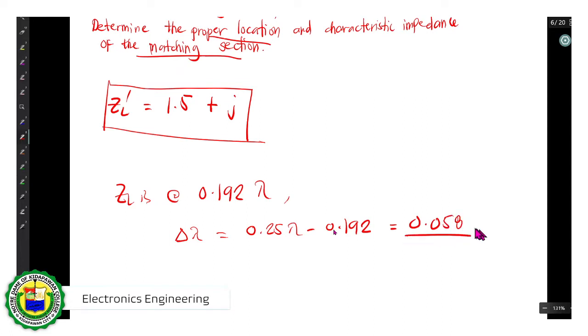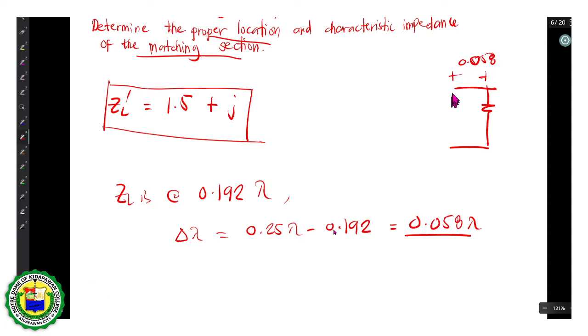So we have 0.058 wavelengths from the load if we are trying to draw this one. So we would need to move from the load around 0.058 wavelengths, and that would be the location of where we would insert our quarter wave transformer.